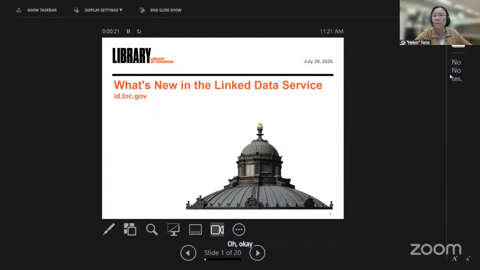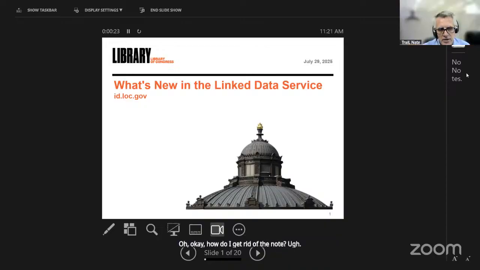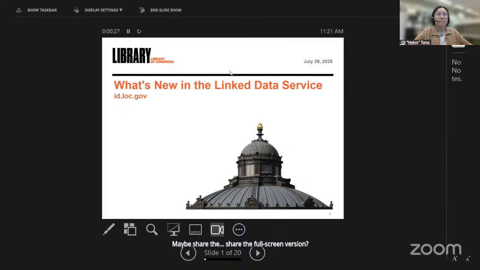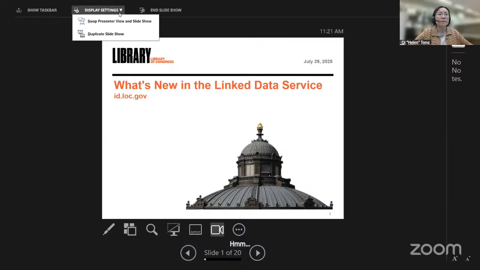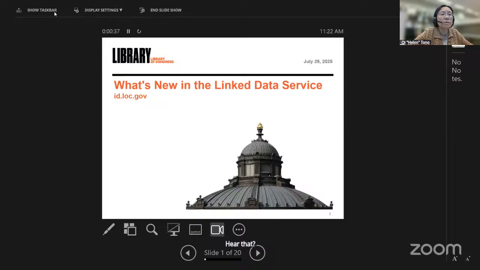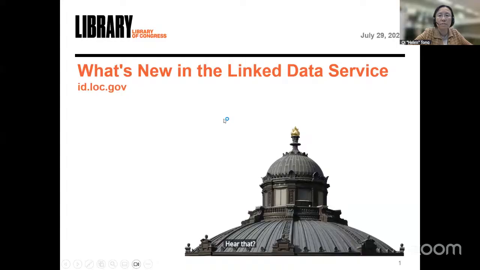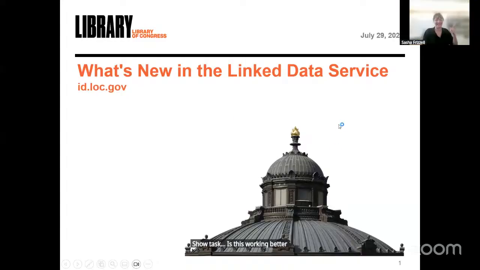How do I get rid of the notes? Maybe share the full screen version. Is this working better? Yes, that's it. Okay.